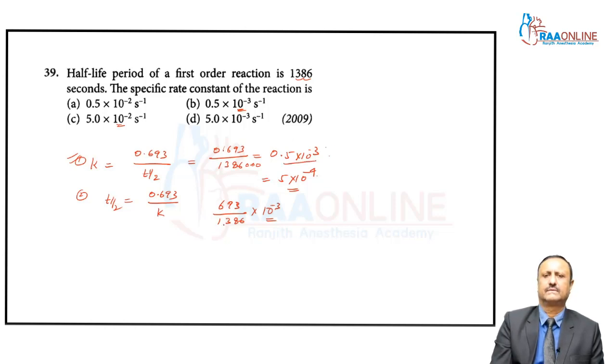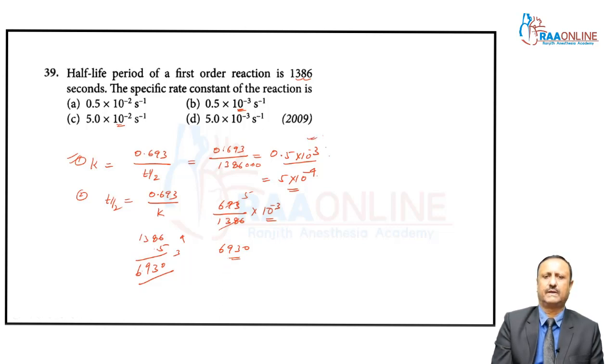You can get 6930. So my dear students, this is divided by 5, so 6930, you can get 0.5 into 10 to the power minus 3.